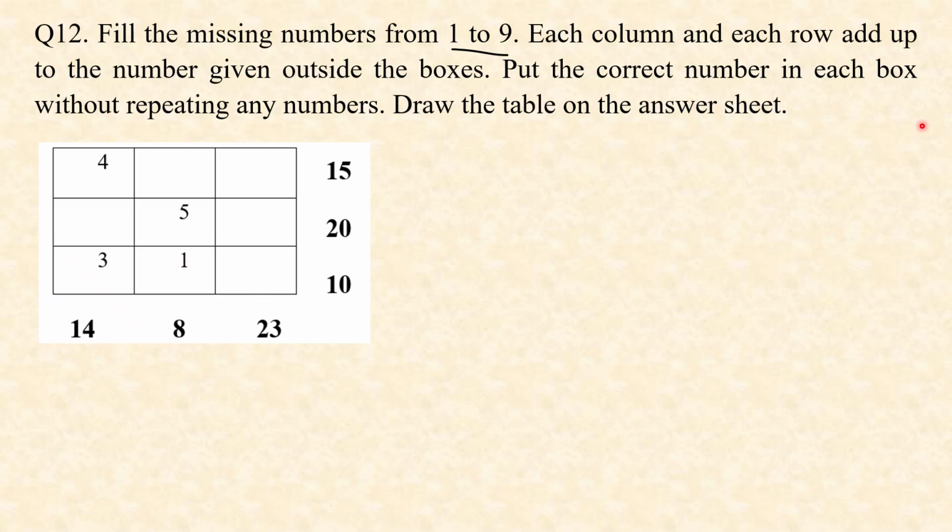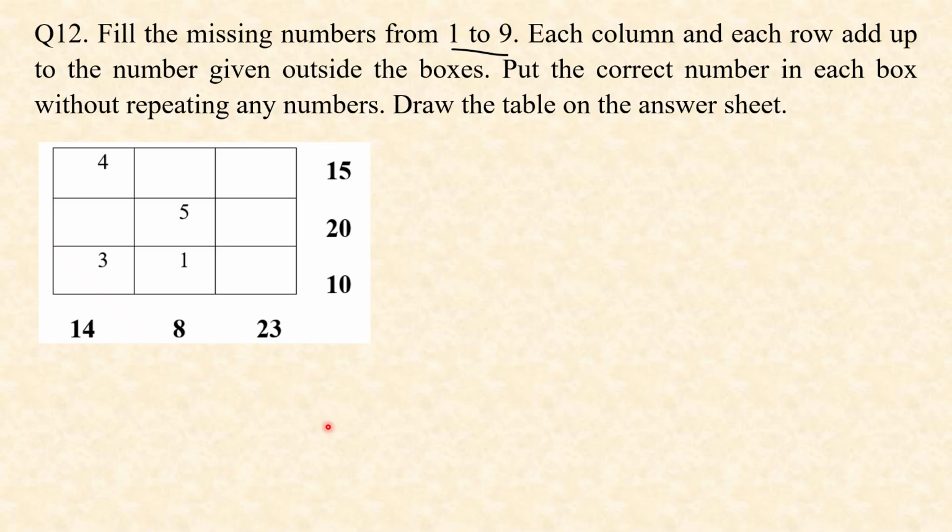Put the correct number in each box without repeating any number. You cannot repeat any number. If you are using, for example, 8 anywhere in the table, you cannot use that 8 again.